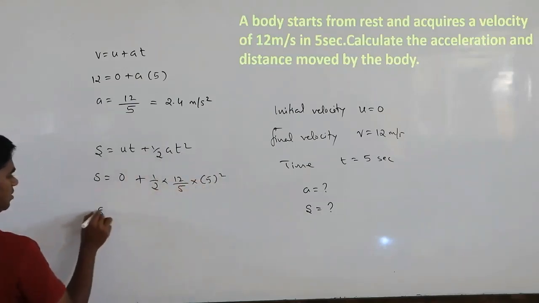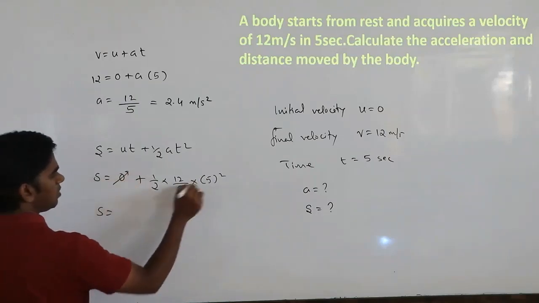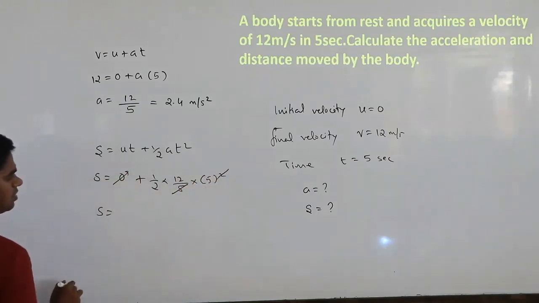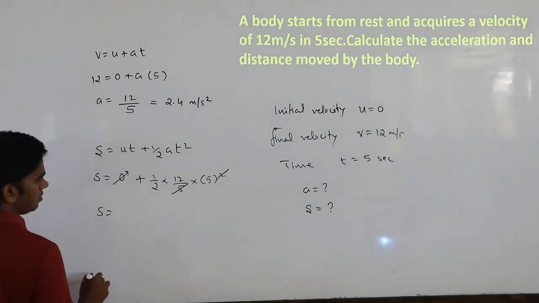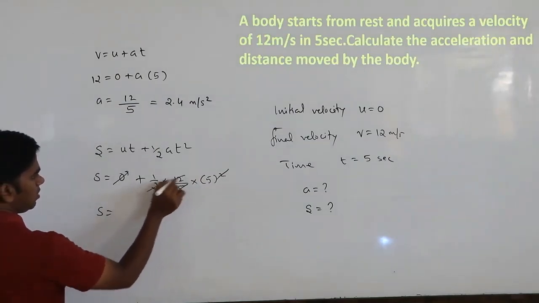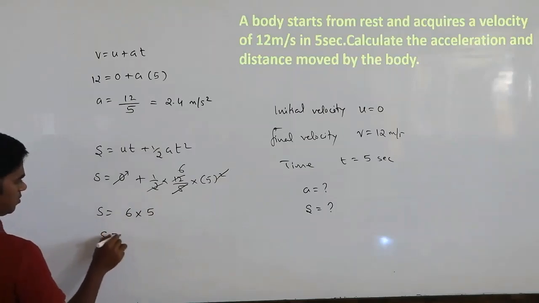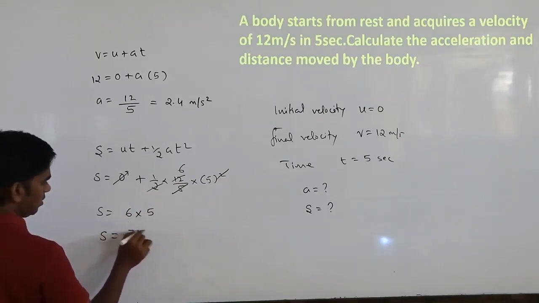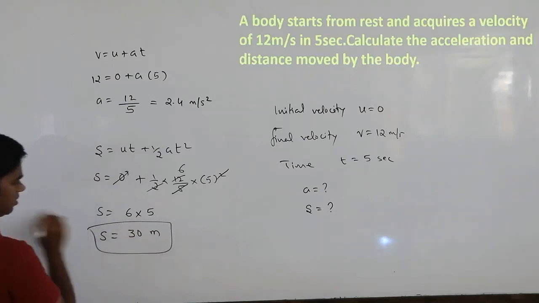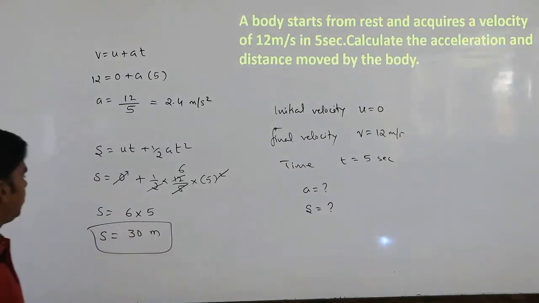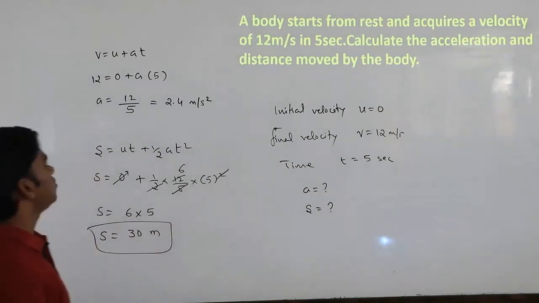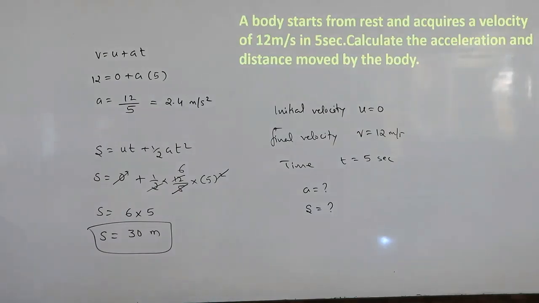Okay, so s equals, the 5 and 5 get cancelled. What remains is 2 ones are 2, 6. So 6 into 5, s equals 30 meter. They are asking distance, so distance is 30 meter. Okay, so acceleration is 2.4 meter per second square and distance traveled is 30 meter.